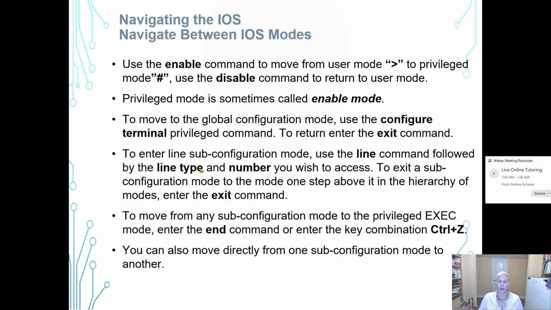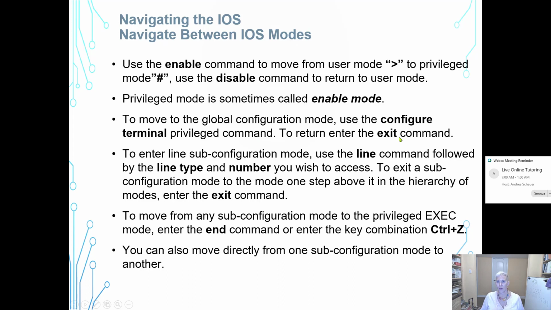That's why it's called a global change or global configuration. All right, so how do we move through? We've already mentioned it. I'm just going to recap it because we're going to use them all the time. The command enable is what allows you to move from user mode to privileged mode. Privileged mode is sometimes called the enable mode, okay? To move to global configuration mode from privileged mode, you use the command configure terminal.